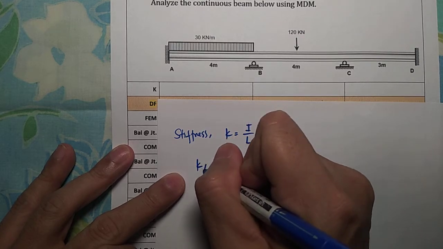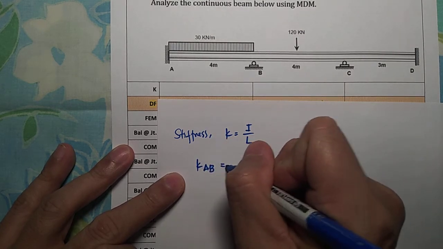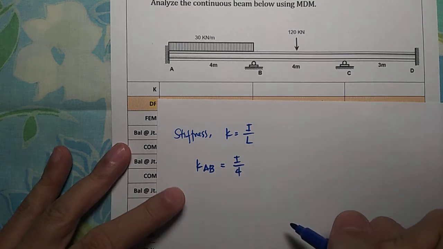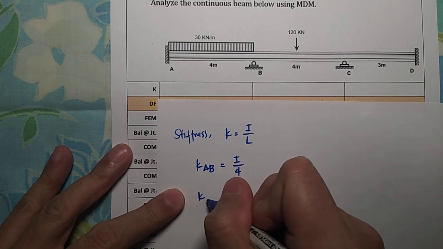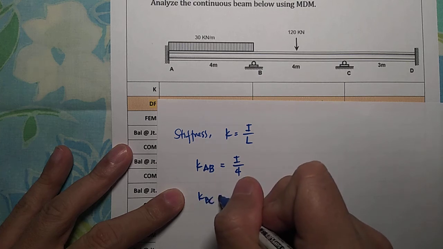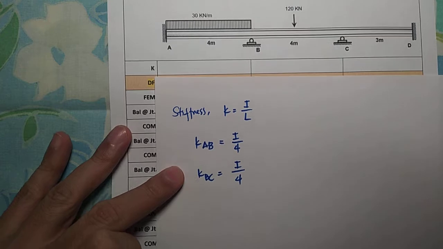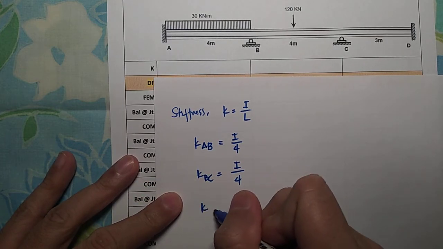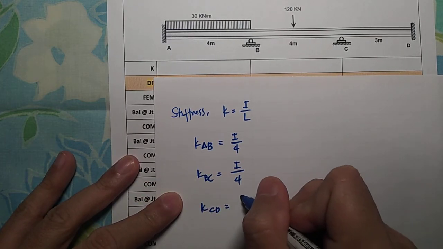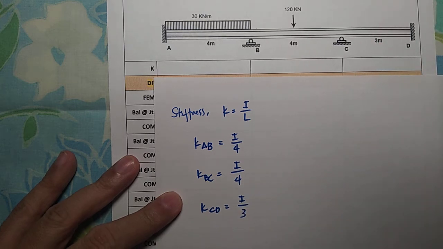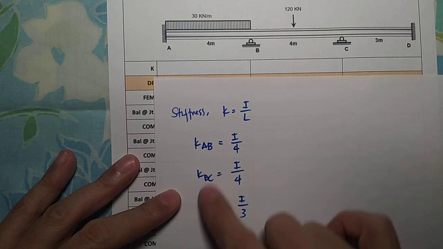The stiffness on span AB is I over the length, 4 meters. How about the stiffness on BC? That's I over L, also 4. And the stiffness on CD? That's I over L, 3 meters. So this is the relative stiffness.